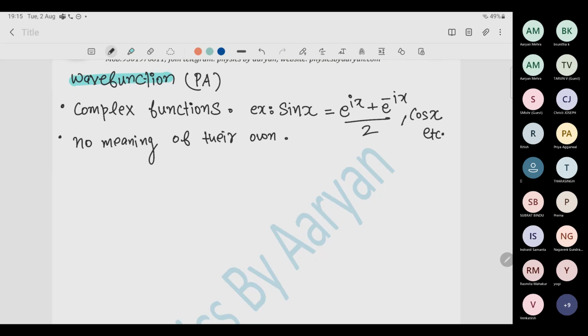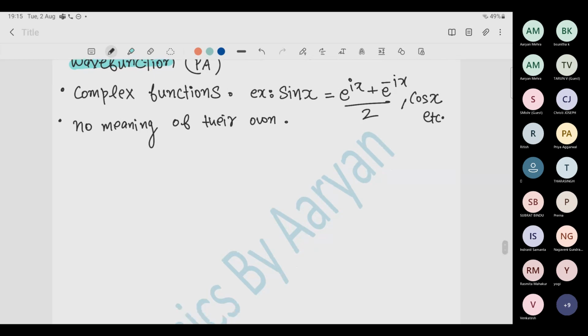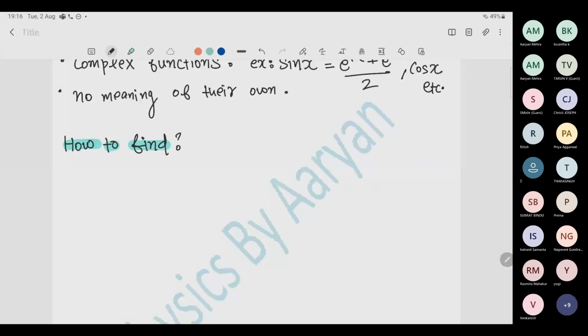Now moving forward, how to find this wave function? I will go into a deeper analysis of the wave function as we move along. So how to find it? Our very good scientist Erwin Schrödinger gave us the answer of how we can actually find this wave function.